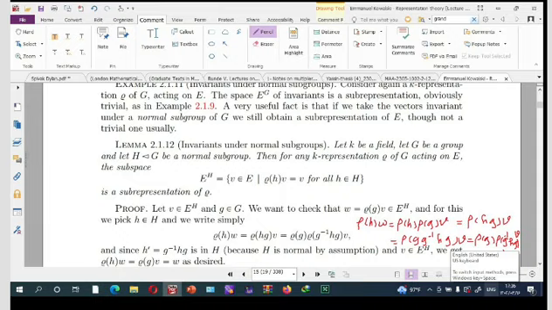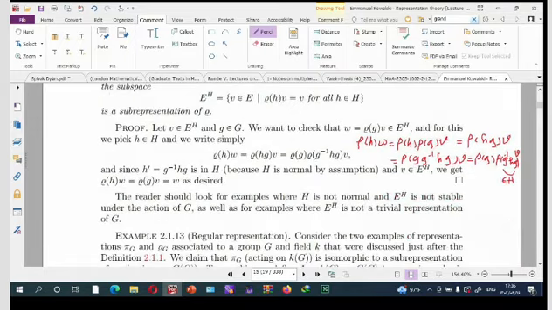And so rho of this element of V equals V, so that this is equal to V, and this is rho g of V, and this is our W. So for any h in H, rho h of W equals W, so that W must belong to E^H.